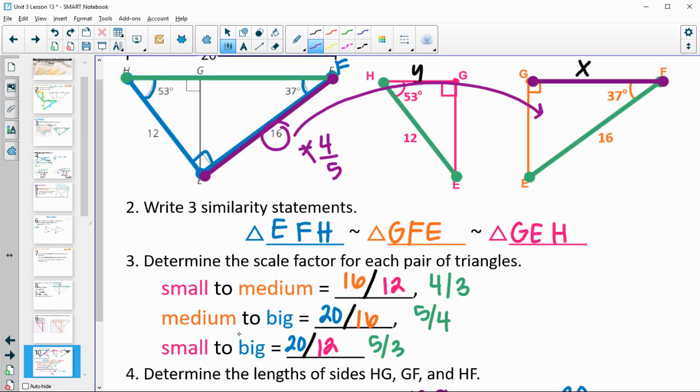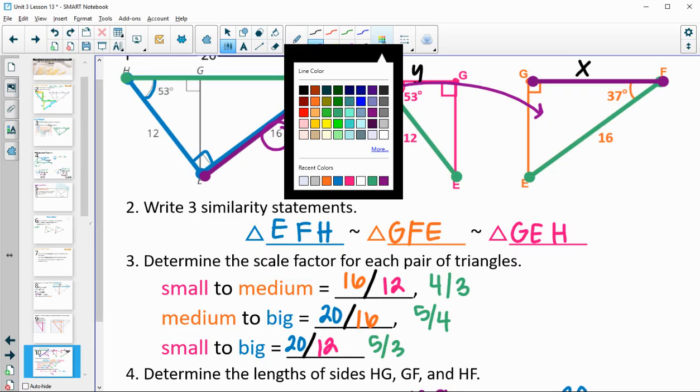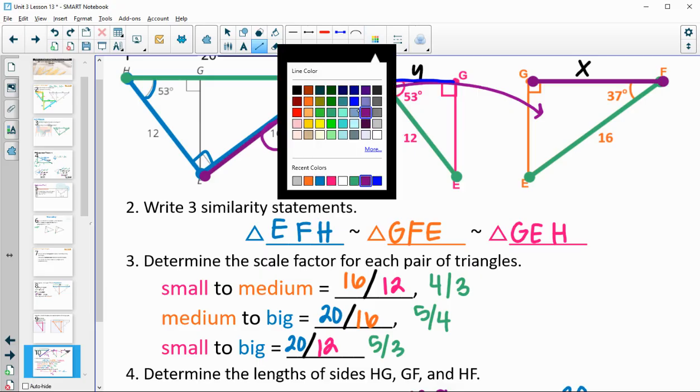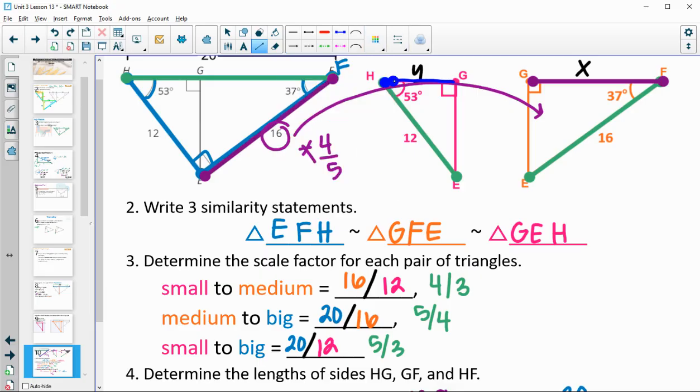Then looking at it again and now doing it for y. If we're looking to find, well, I called it y, GH, this one is similar to this leg because it connects the 53 and the 90. We know that the scale factor that takes the small triangle to the big triangle is 5/3.